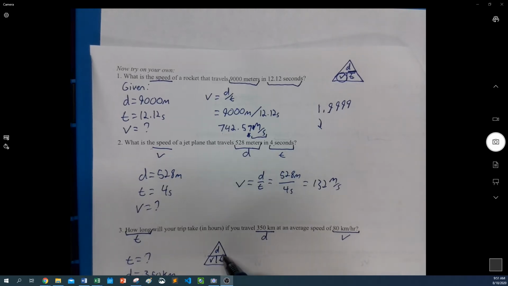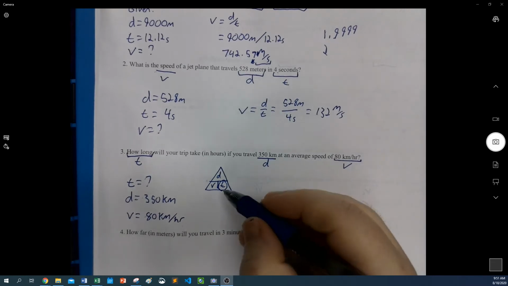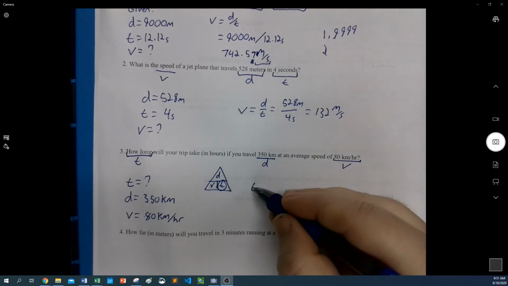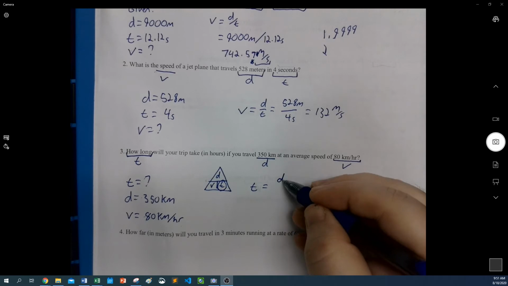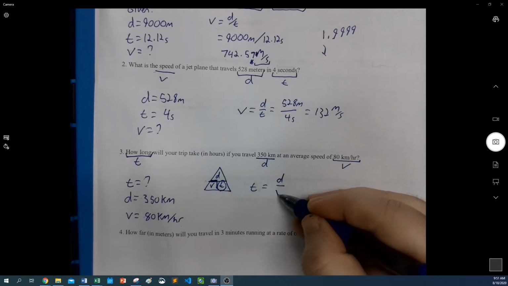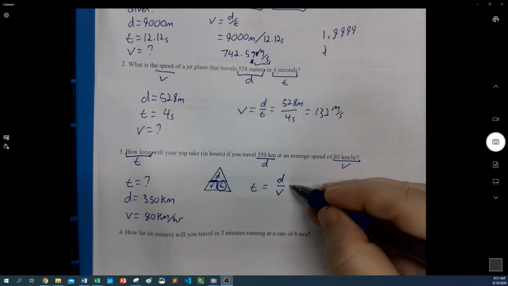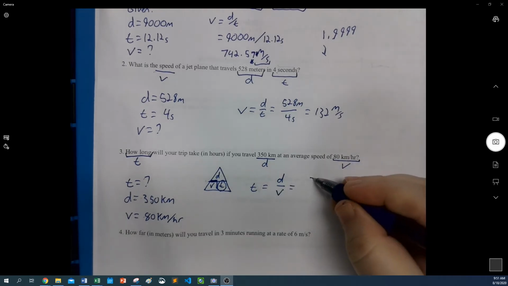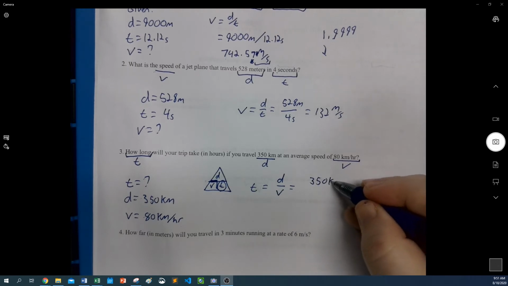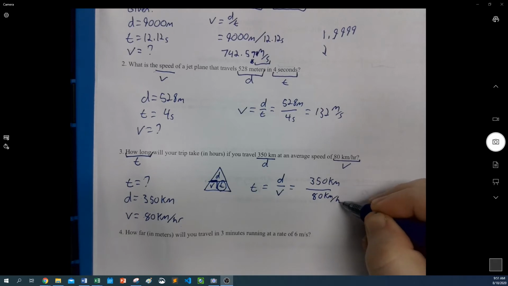So solving for time, time is going to be equal to distance divided by speed. Plug our numbers in. 350 kilometers divided by 80 kilometers per hour.